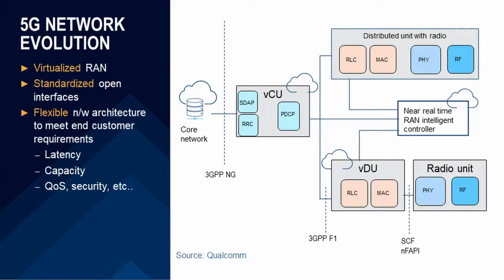One message here: the network can include disaggregated units, the all-in-one integrated units, and also together with the macros, but the network architectures should be flexible to meet the end requirements, meaning to say there is no one architecture which fulfills the different deployment scenarios as required by different use cases.